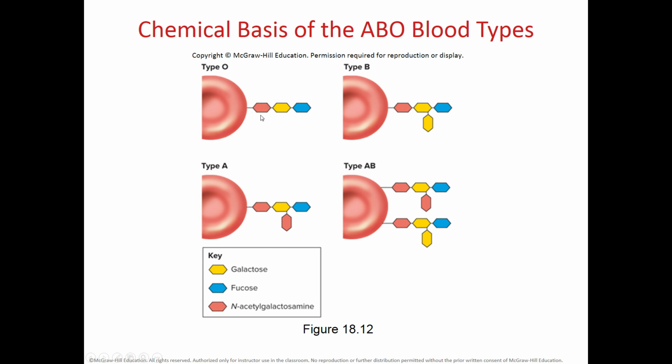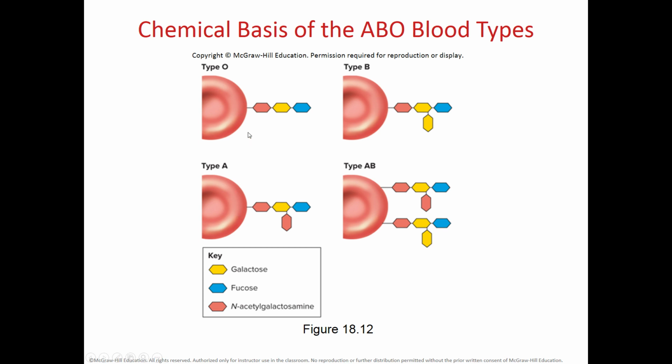These will be sugars and glycoproteins that will form a complex or an antigen. So type O blood has only this antigen.